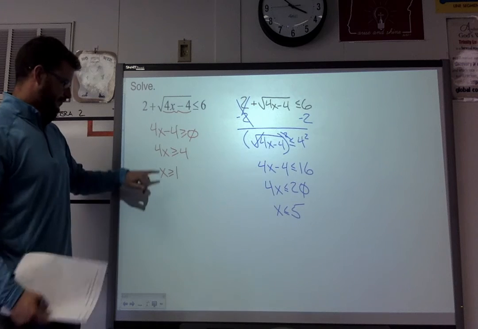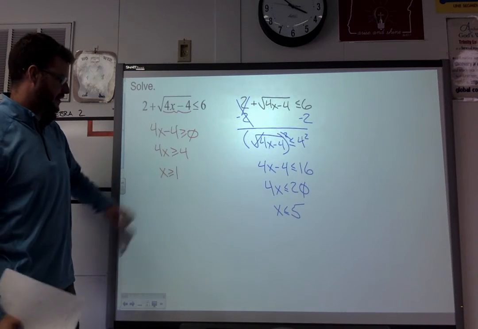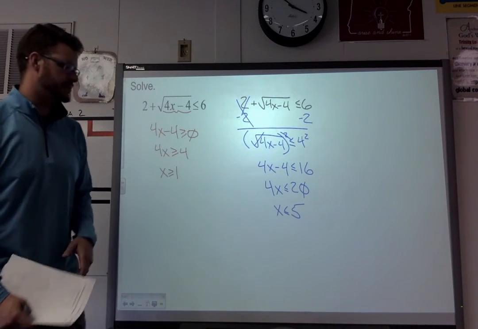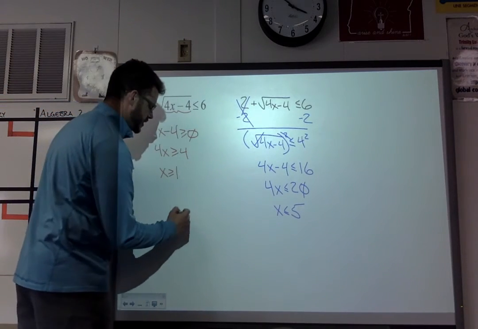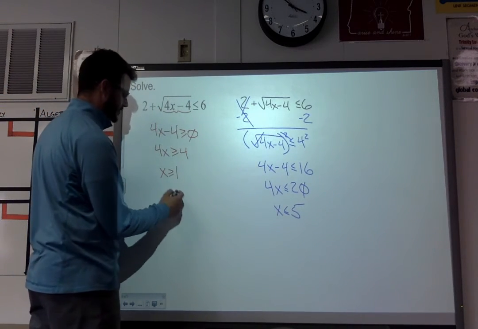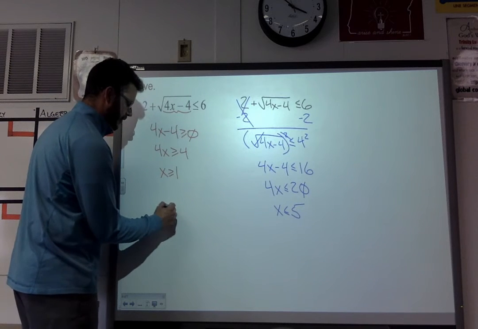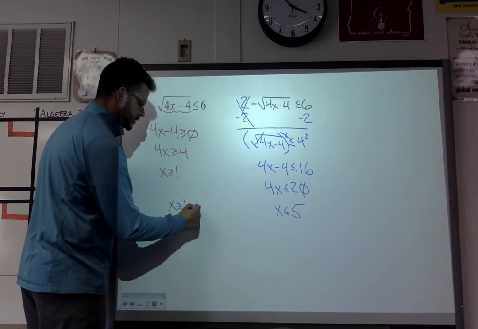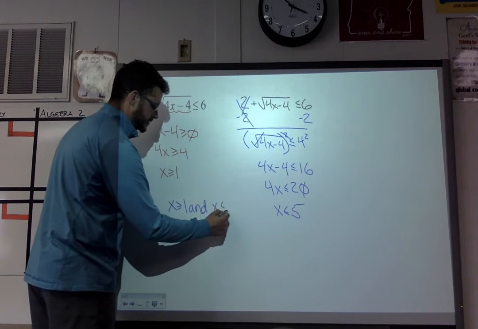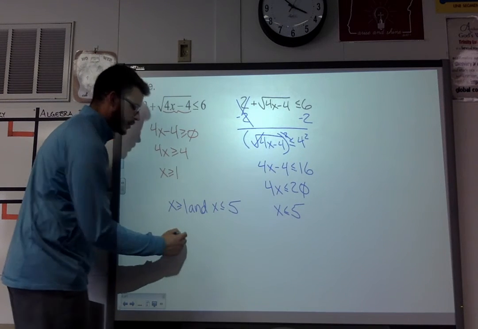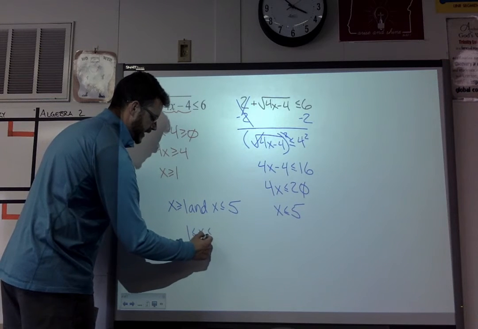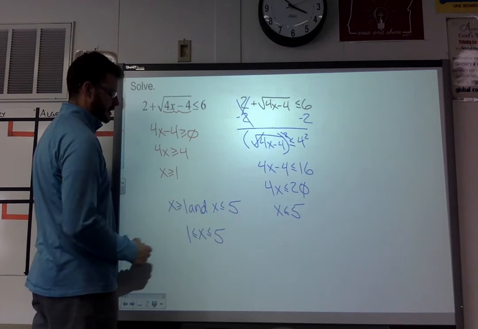So here, I know that x has to be greater than or equal to 1, and x has to be less than or equal to 5. So I can write my solution in two different ways. I can say x is greater than or equal to 1, and x is less than or equal to 5, or I could write it as 1 is less than or equal to x, which is less than or equal to 5.